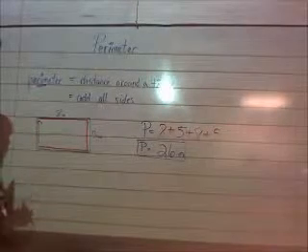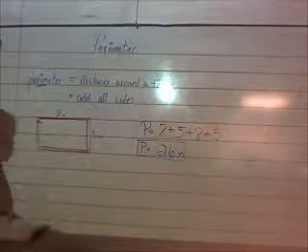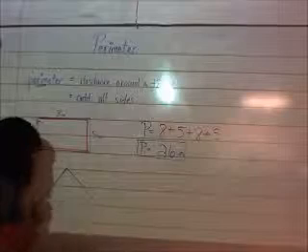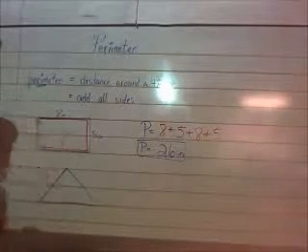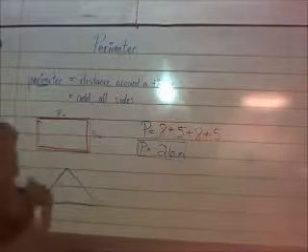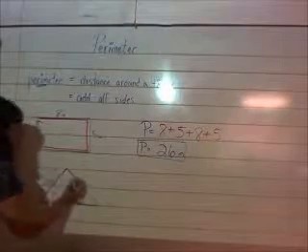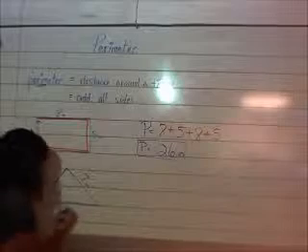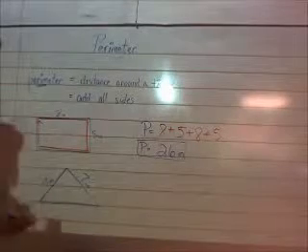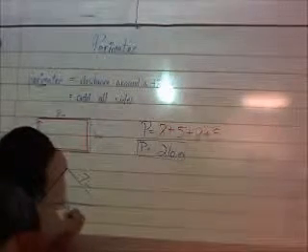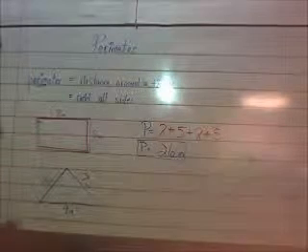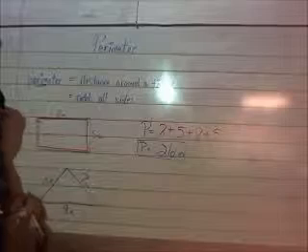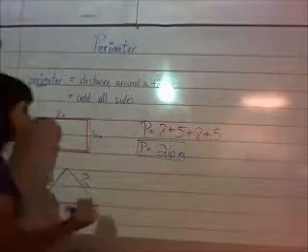This time, let's make a triangle. So there's your triangle. And I'm going to say this is 7 inches. This is 7 inches. And let's use the base as 9 inches. Now I want to find the perimeter of this triangle. So perimeter means add all sides.